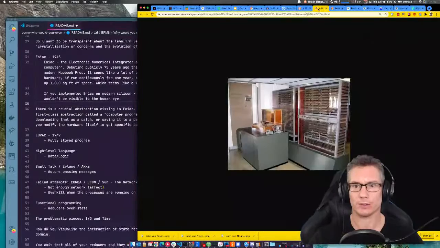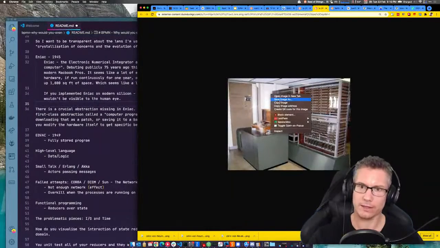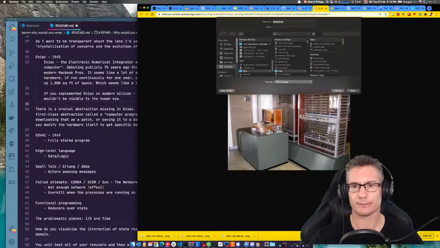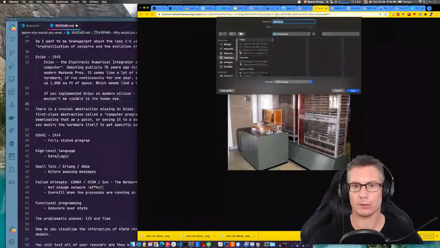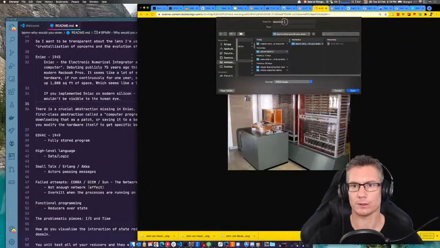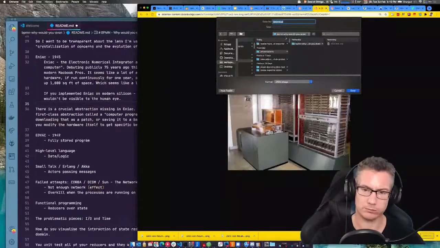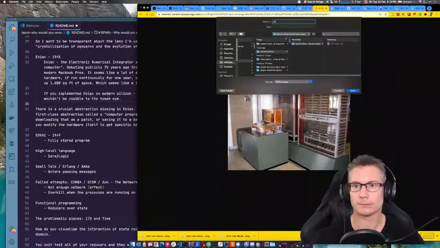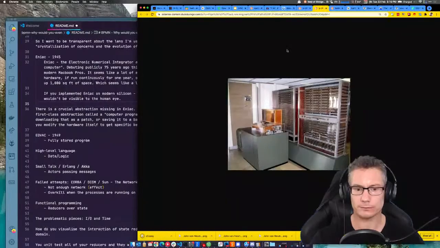So let's get a picture of the Z3. Save image as. Workspace. Presentations, BPMN, why would you even? And this is the Z3. Yeah, cool.